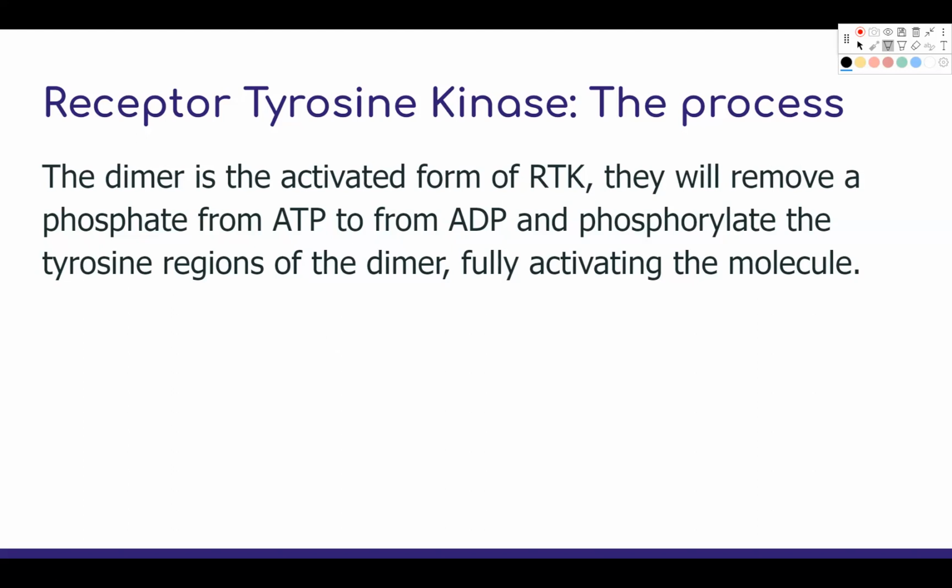This is the not fully activated. And then after we've phosphorylated, then we have fully activated the molecule. So while y'all write that down, I will get my little drawing set up.